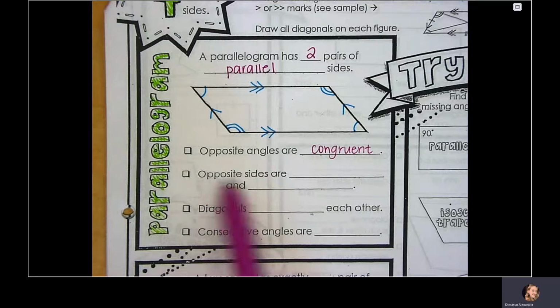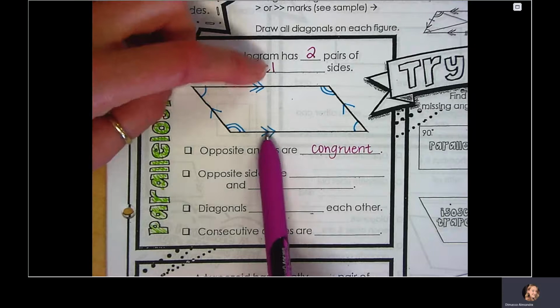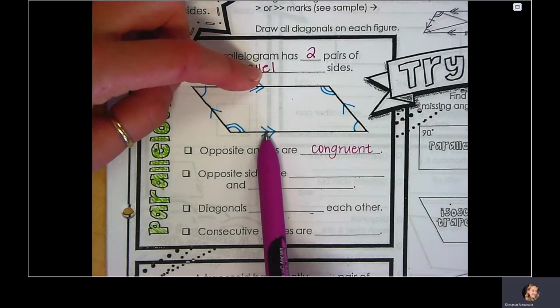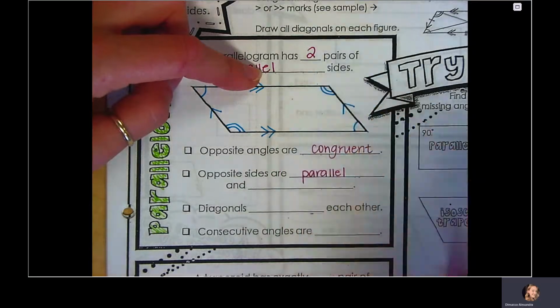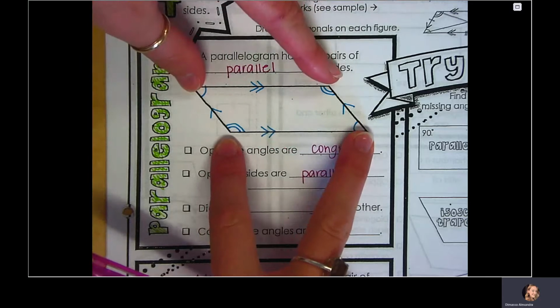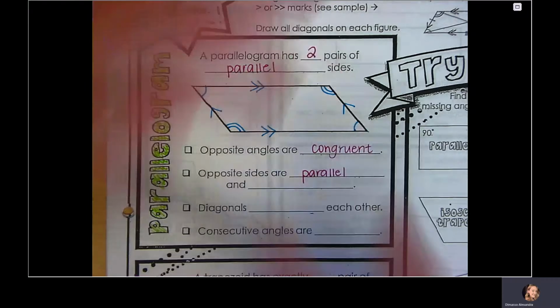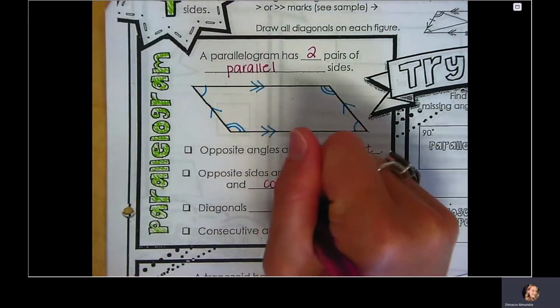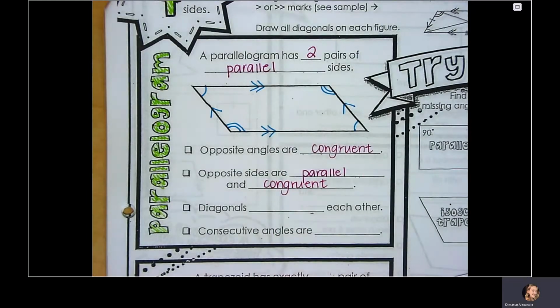Opposite sides, the 2 sides right across from each other, are parallel, which you can see. They're never going to touch, never going to intersect. And what else do you notice about them? Not only are they parallel, they're also congruent. They're the exact same length. How do I show that 2 sides are congruent?